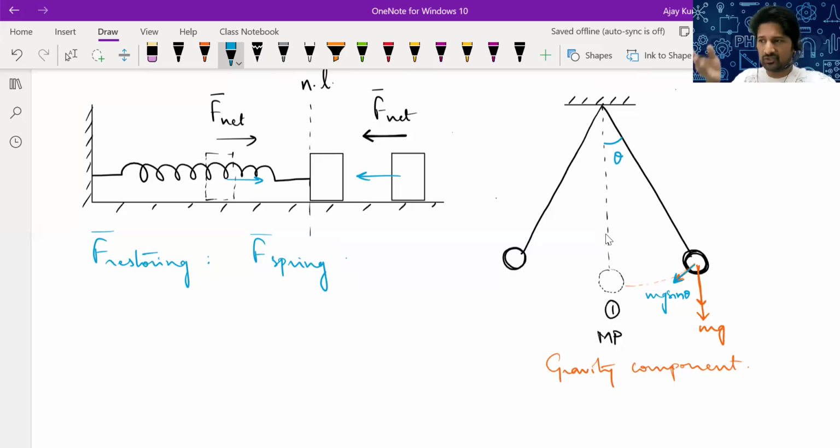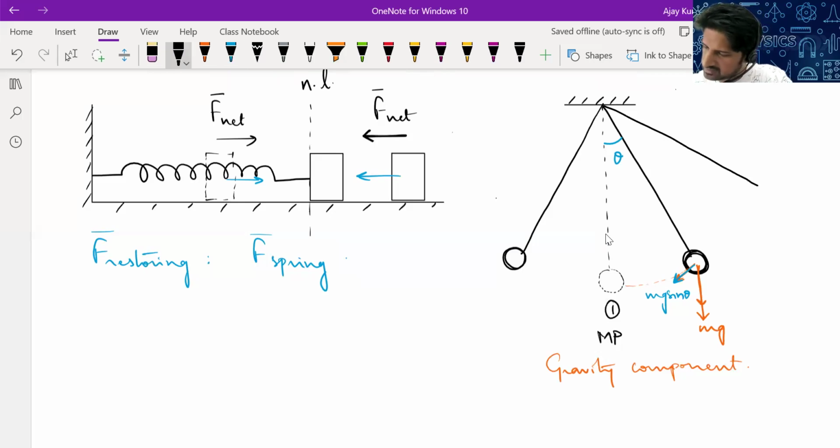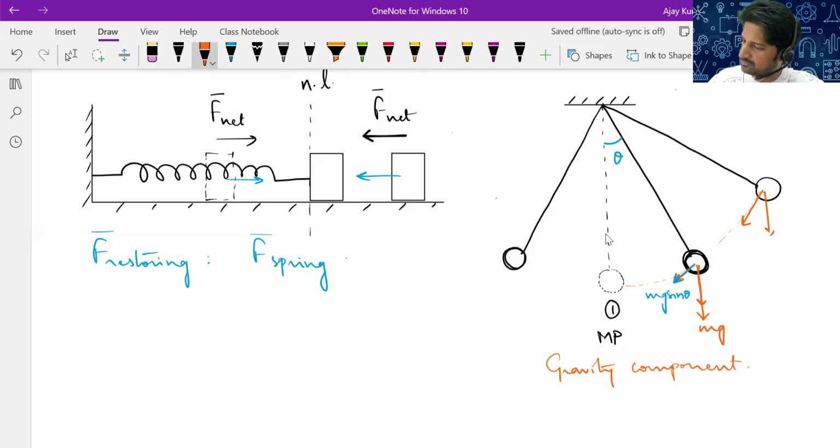When it is close to the mean position, there will be a small component of mg trying to restore it. But when you take it further away from the mean position, somewhat like this, okay, you imagine the circle along which it moves, or the curved path along which it moves. Now you will see that there is a much larger component of mg trying to restore its position.